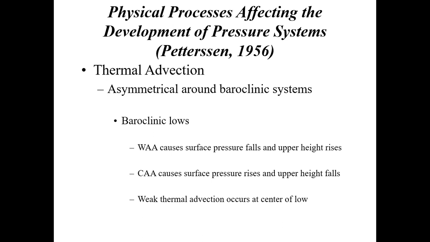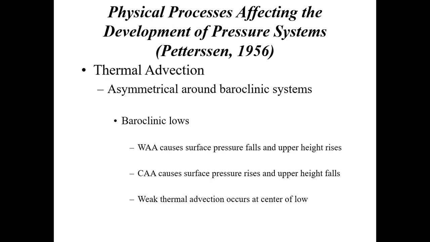Cold air advection, on the other hand, will cause the opposite effects. Surface pressure is going to rise and upper heights are going to fall. And the reason the surface pressures are rising, think about when cold, dry air comes in behind a good, strong cold front in the wintertime. The cold, dry air is going to be much denser. Therefore, it's going to cause the surface pressure to rise.